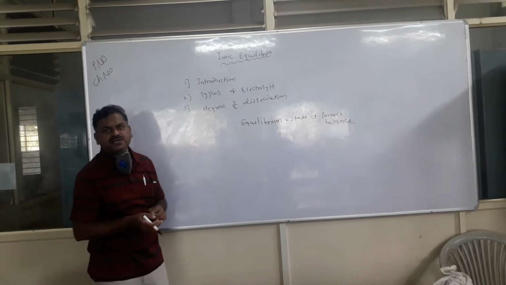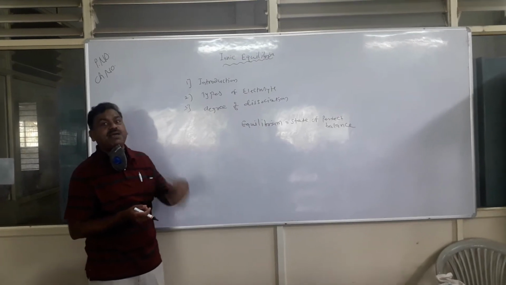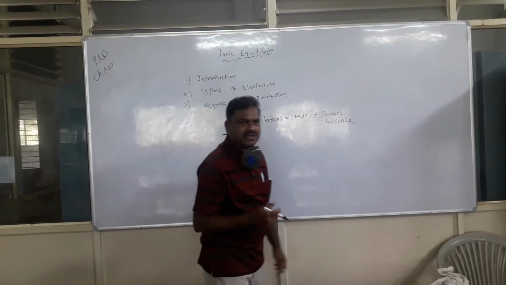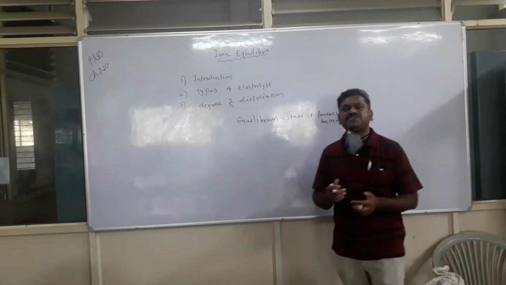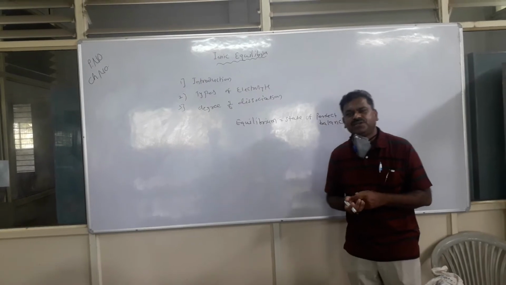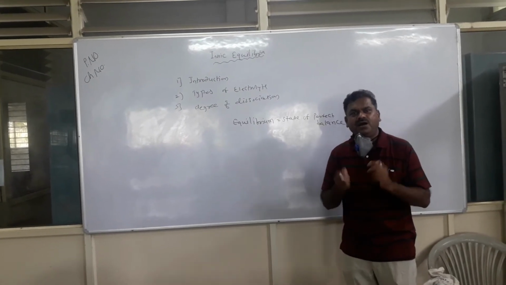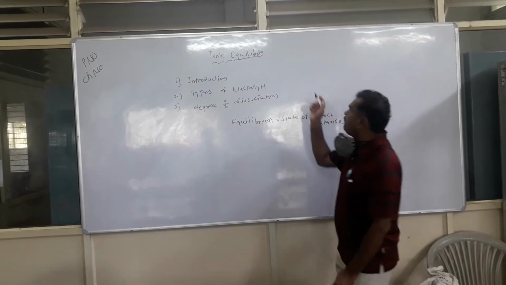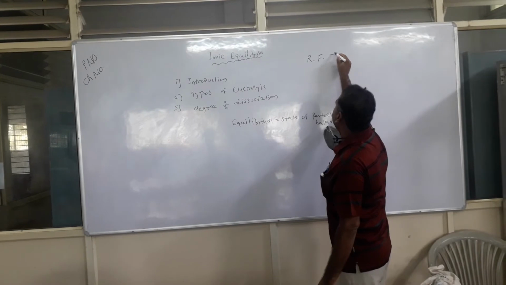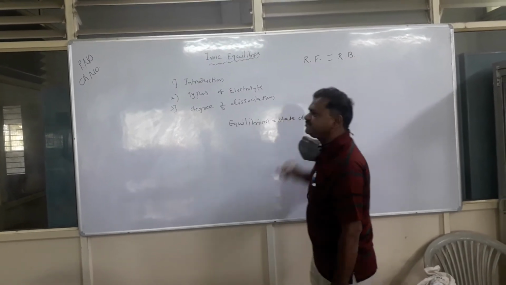Before that, we saw chemical equilibrium in the previous year. Chemical equilibrium is the stage of a reaction at which the rate of forward reaction is equal to the rate of backward reaction.